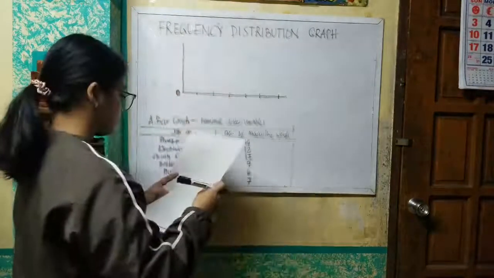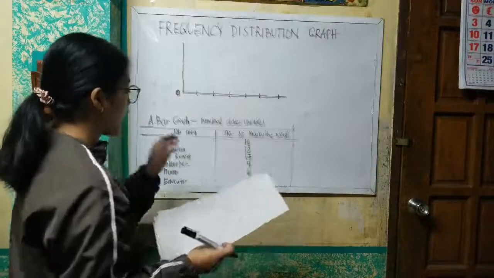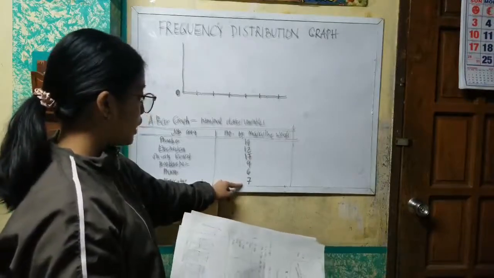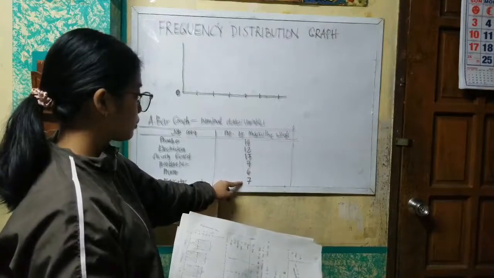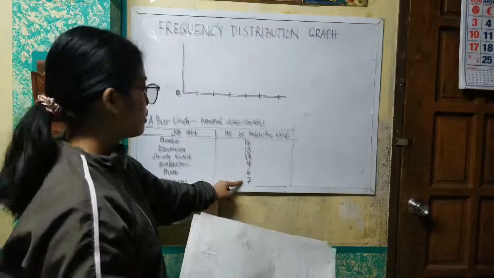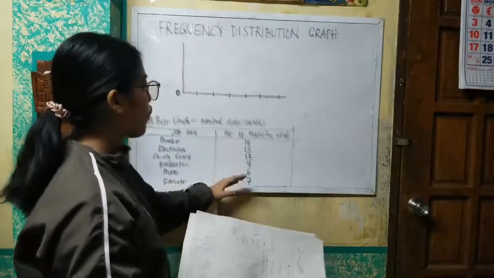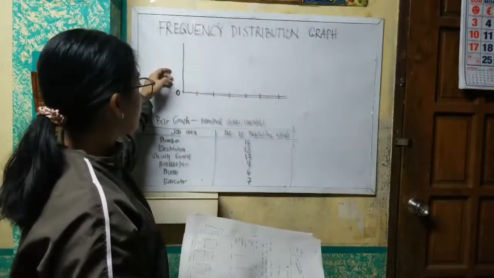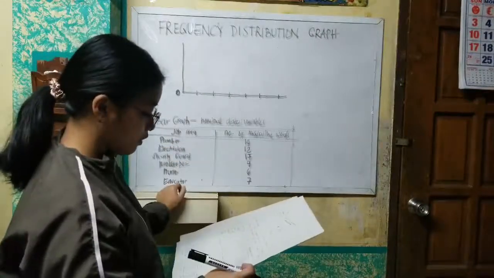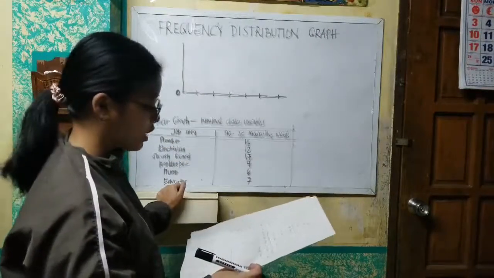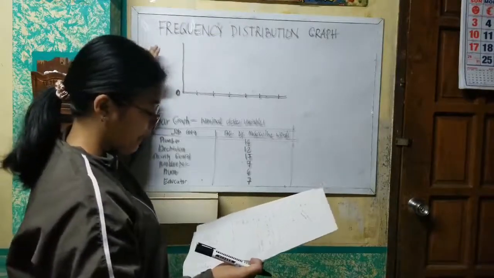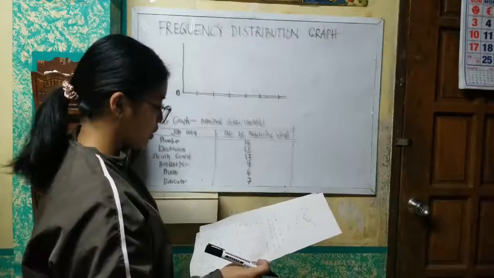And then, since we have the frequency here, we'll decide on what numbers to write on the y-axis. Since 17 is the highest score here, I decided to divide the y-axis by multiples of 3.